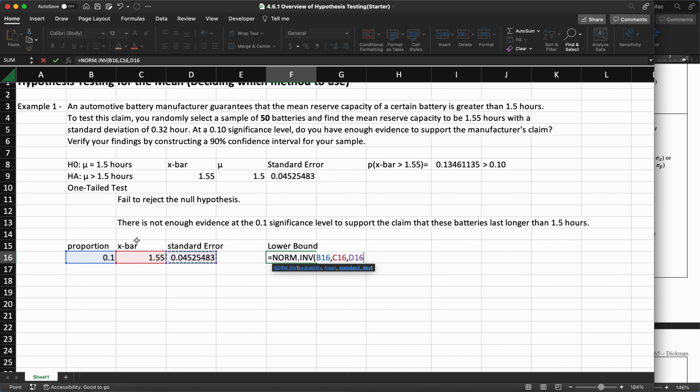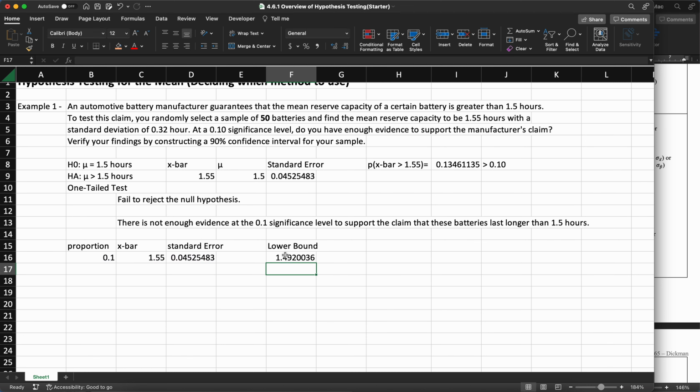The mistake that people have been making is putting the mu here for x bar, but we're using the sample to construct the confidence interval, and we're trying to see if mu is inside that confidence interval. If it is, then we're going to fail to reject the null hypothesis. If the population mean doesn't make it in the confidence interval for our sample, then we reject the null hypothesis. So in this case, notice that my lower bound is 1.492.